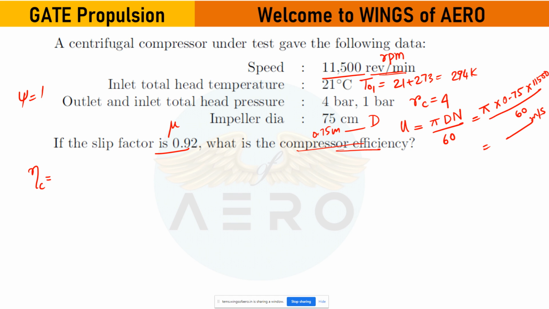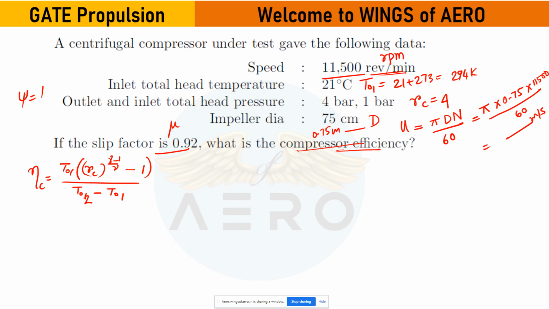So we know the efficiency formula: eta C equals (RC to the power (gamma minus 1) by gamma, minus 1) divided by (T02 minus T01) by T01.